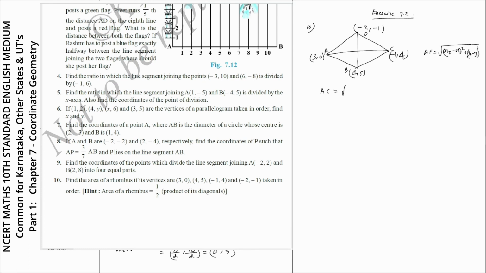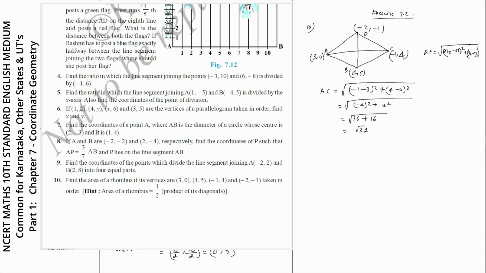So now AC is equal to square root of minus 1 minus 3 the whole square plus 4 minus 0 the whole square. So this is equal to minus 1 minus 3 is minus 4 the whole square plus 4 minus 0 is 4 only, 4 square. So minus 4 the whole square is plus 16. So 4 square is again 16. So 16 plus 16, I'll get 32, square root of 32.